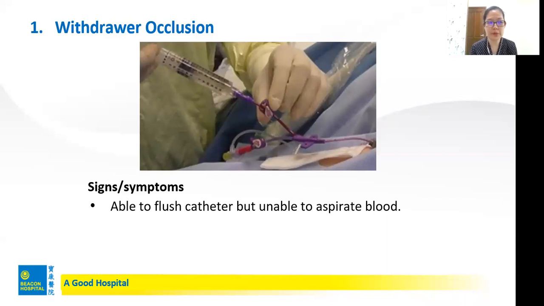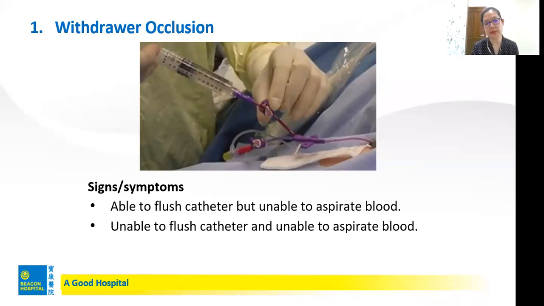As all of you know, before we attempt to use the CVAD, the first step is we have to aspirate. The aspiration of a blood backflow is the indication for us that yes, the CVAD is in good condition, safe to use, then only we can flush in whatever we want subsequently. But withdrawal occlusion happens when you're able to flush but unable to aspirate blood.